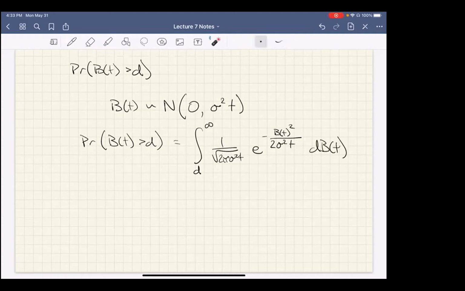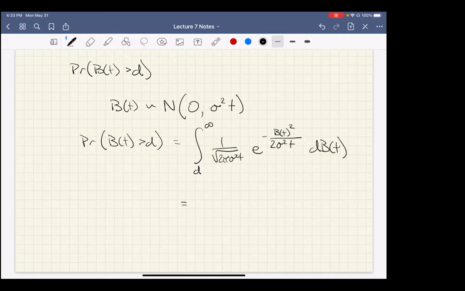Now, you should know that this is basically the complementary error function. So I'm integrating from d to infinity of a Gaussian random variable. Without exactly specifying, you can get this on your own.